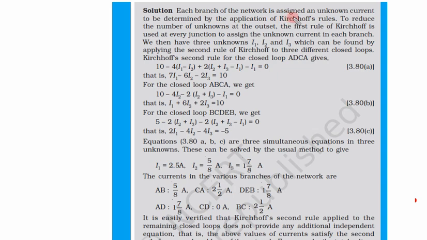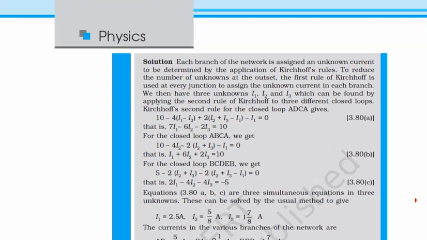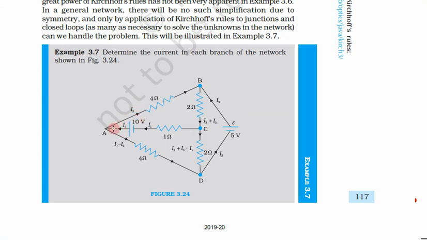Each branch of the network is assigned an unknown current. So we have assigned the unknown currents I1, I2 and I3 to be determined by the application of Kirchhoff's rule. To reduce the number of unknowns at the outset, the first rule of Kirchhoff is used at every junction to assign the unknown current. What is the meaning of this? We have taken this current I1, we have taken this current I2.